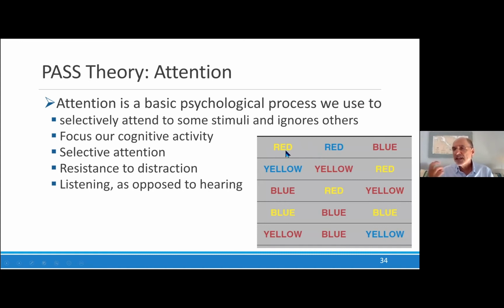Red is more salient, if you read, than the color. So it creates a conflict. And it's that conflict, it's really at the point of expression. That's why we call this test on the CAS2 expressive attention. Because that's the point when it's really hard to figure out what you want to say.